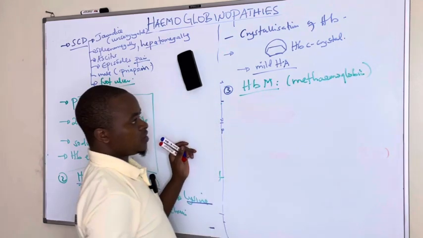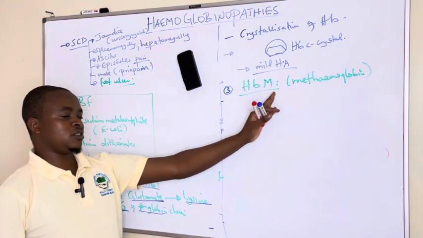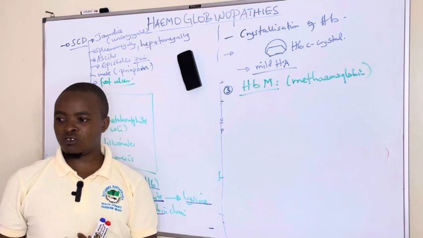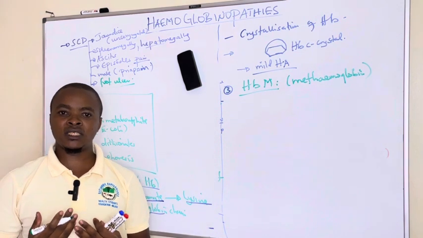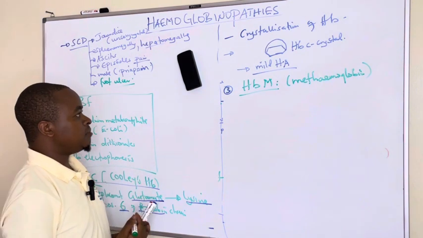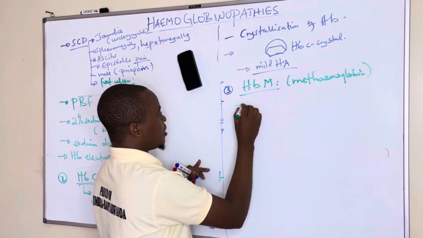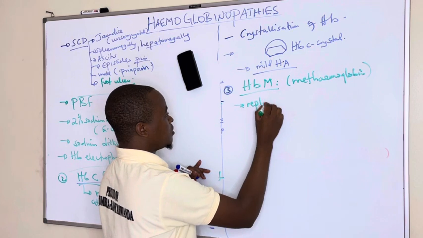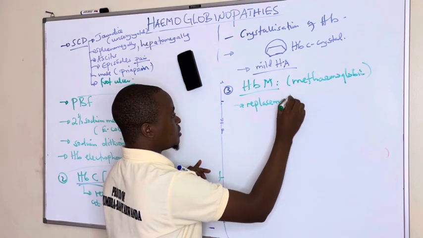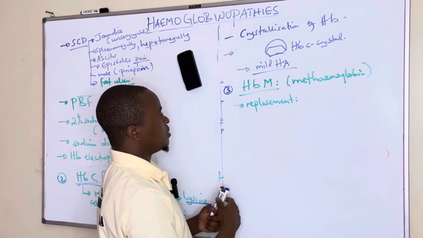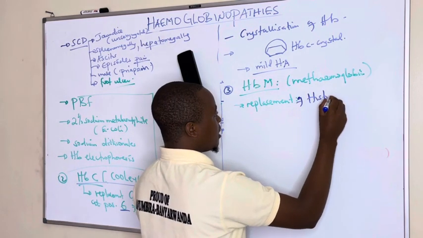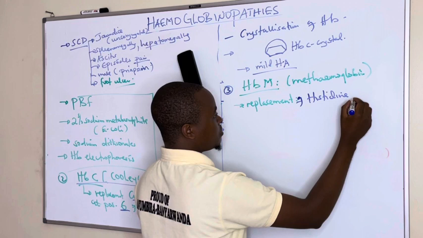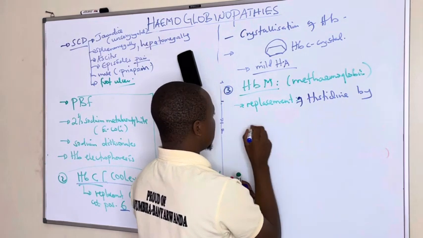It is genetic, but there is another one which is acquired when you take oxidant drugs. And this methemoglobin is also a result of replacement. Here histidine amino acid is being replaced by tyrosine.